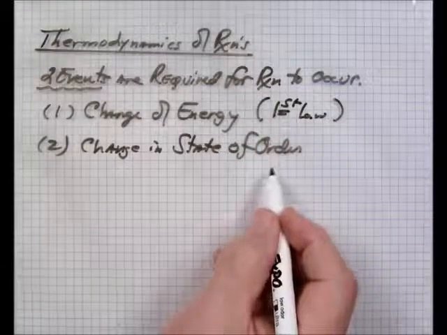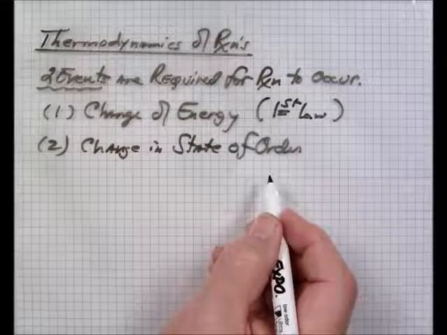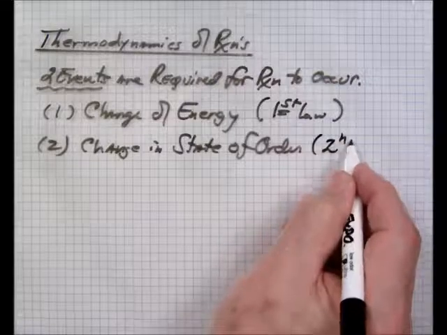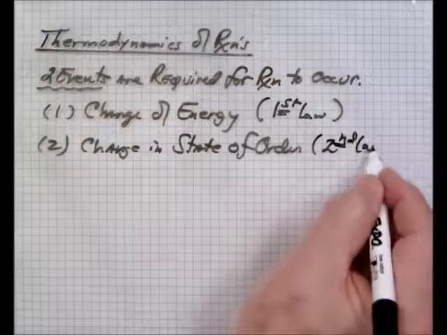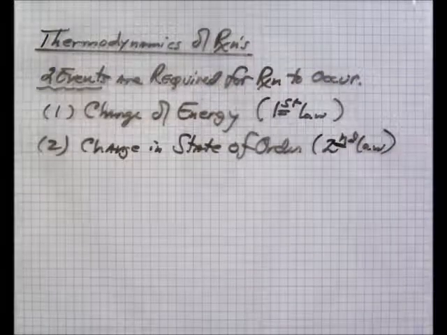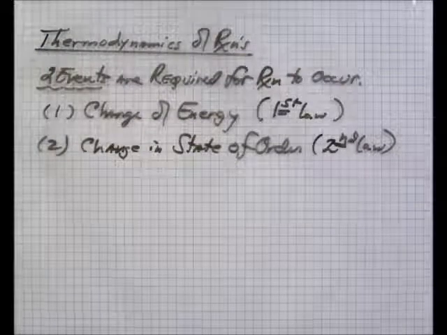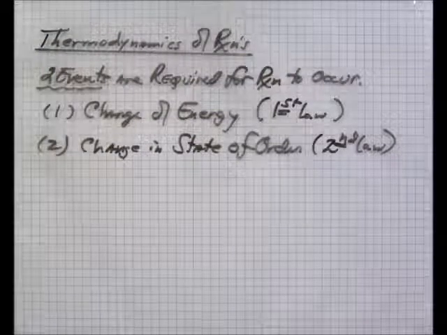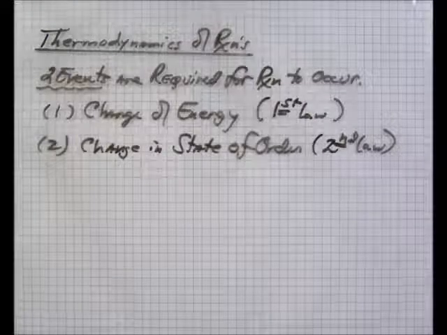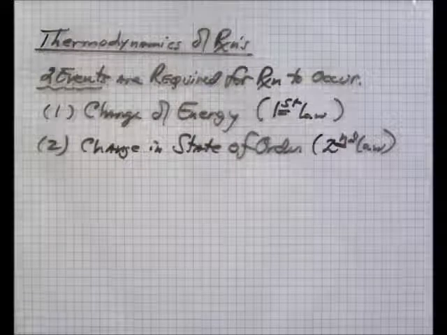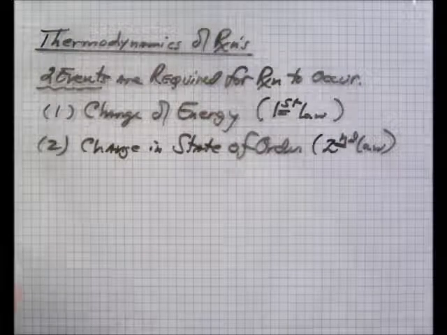And the case of the second condition of a reaction is the second law of thermodynamics, and that for some reaction to occur, there has to be, regardless whether it's an endothermic overall or exothermic overall, some point in which it must roll downhill and take place.